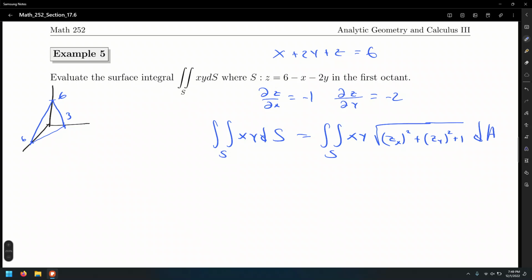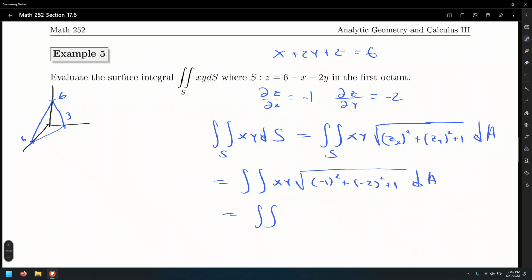That dS becomes dA when we introduce that element of surface area. Let's just substitute what we got for our partials. So that's going to be xy times the square root of -1 squared plus -2 squared plus 1, dA.